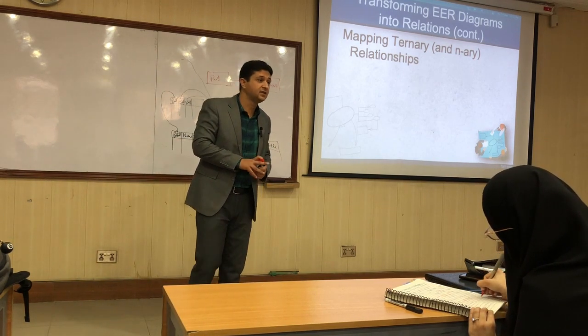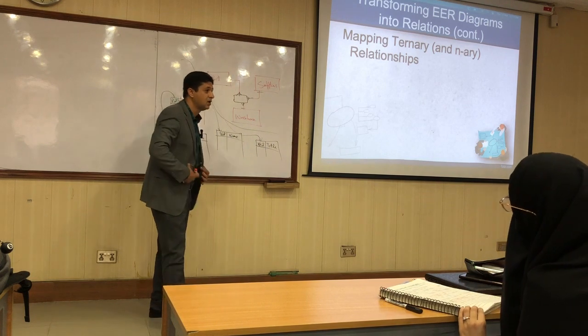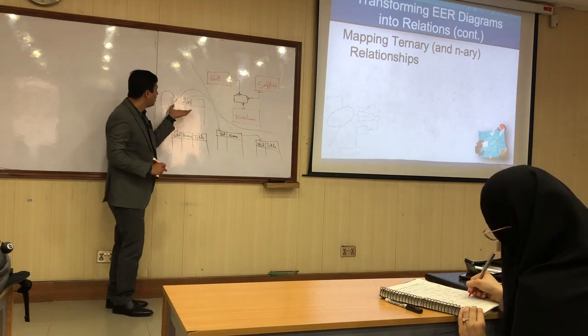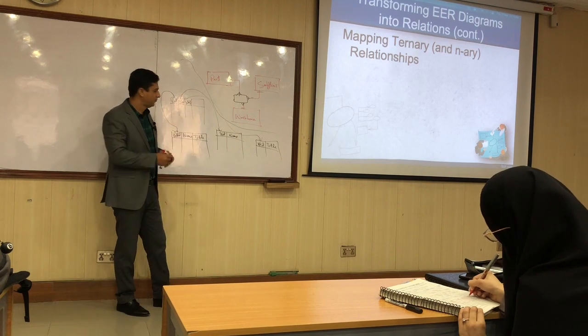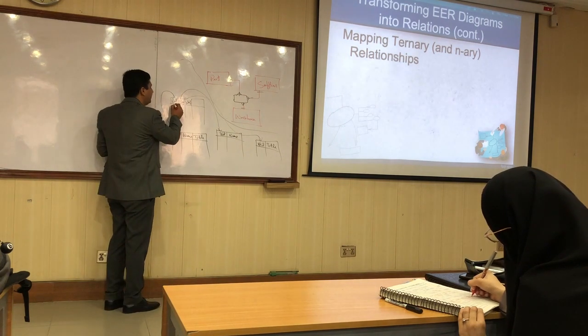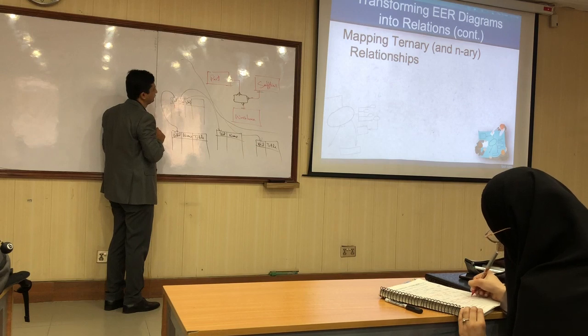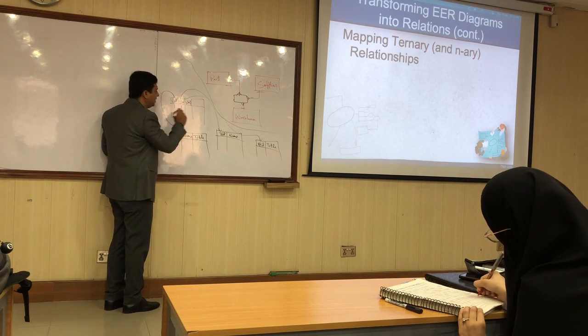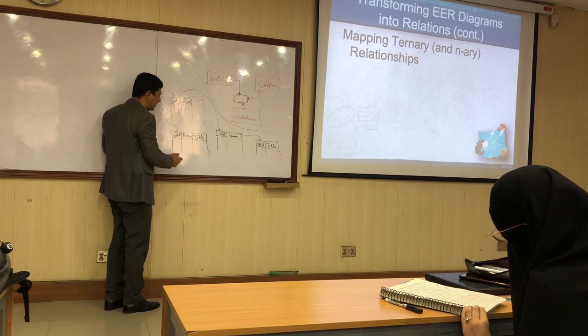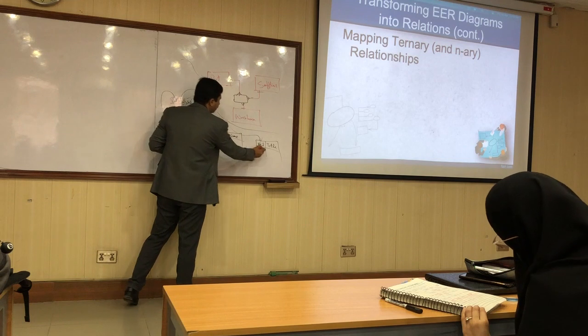The first option is if there is a chance of repetition of these groups of values. For example, there is a part with part id 1, and this part has been supplied by a supplier whose id is 1, and this has been supplied from the warehouse 1. Okay, so 1 is something, 1 is something, and 1 is something.